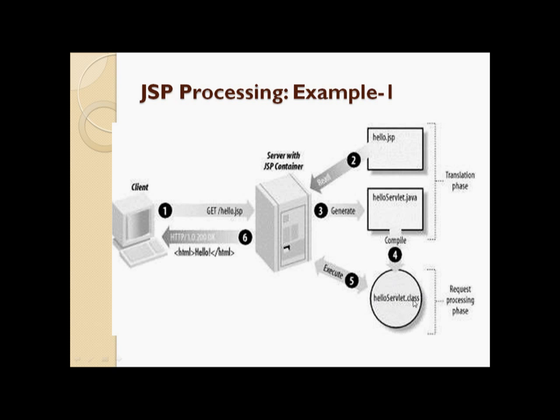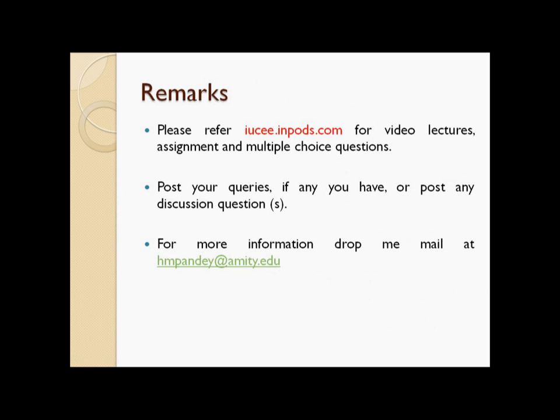After receiving it, the request processing phase will accept it as an executable file, prepare the response for this request, execute it, and send the response in the form of an HTML static page using any browser to the client, which the client can view in the form of a dynamically generated web page. So this is the overall processing, and here I have given some remarks which you can read.